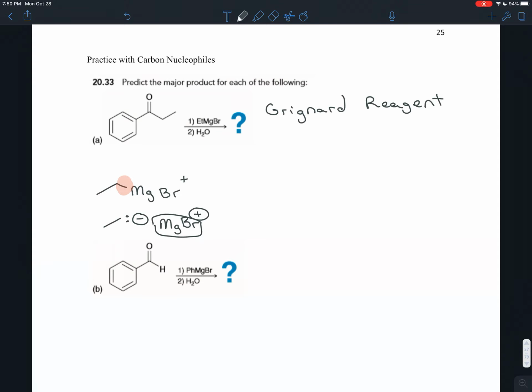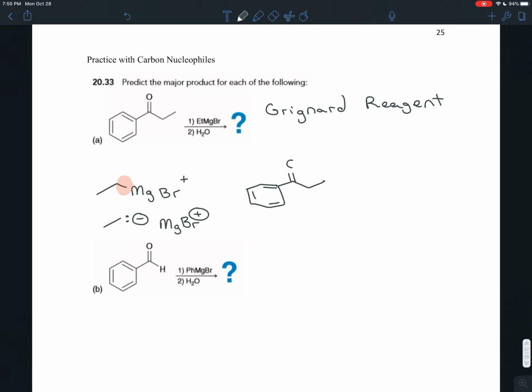That's the magnesium bromide altogether that has the positive charge. And so, when you see that magnesium and bromide, you can sort of think of the carbon as its own nucleophile. Well, what's going to happen when we combine a carbonyl with that?